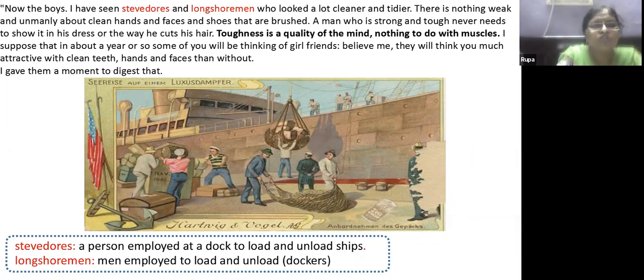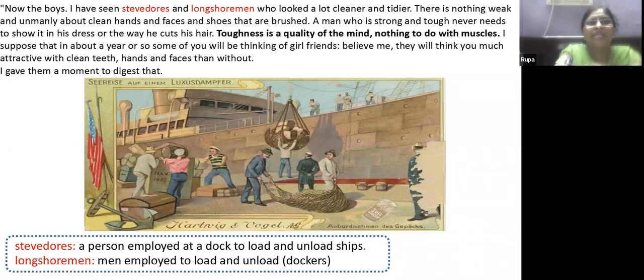Stevedores and longshoremen are workmen, children, are workers who work at the dock and help in loading and unloading the cargo in the ships. So he compared the boys in the school to the stevedores and the longshoremen.